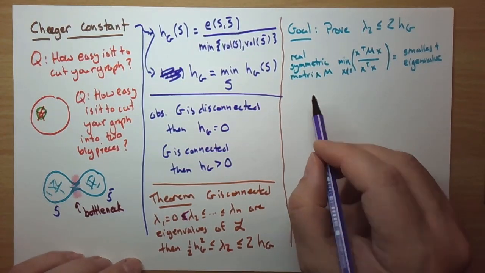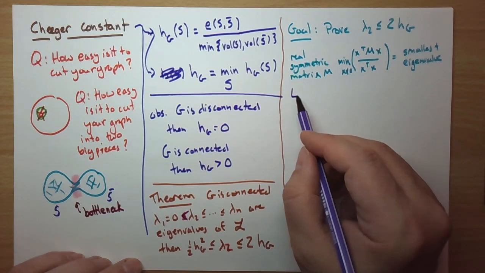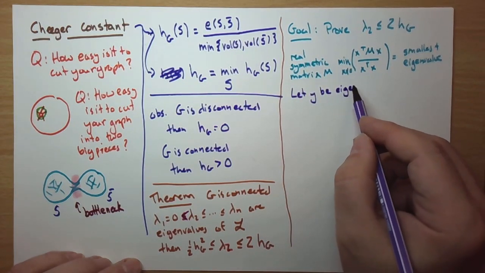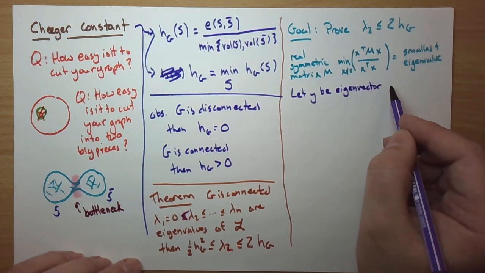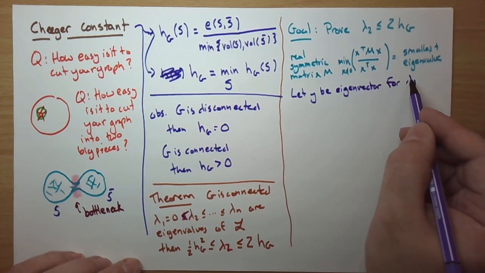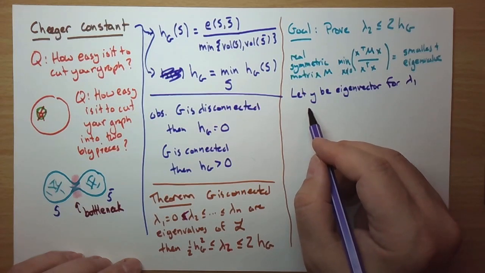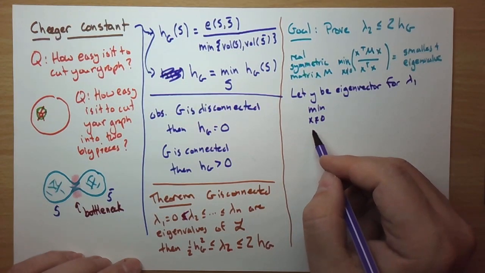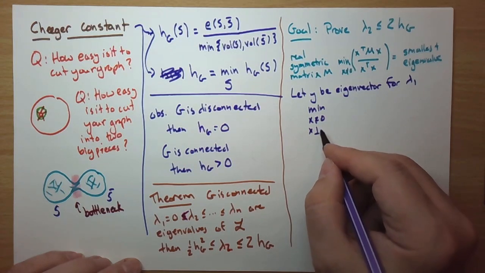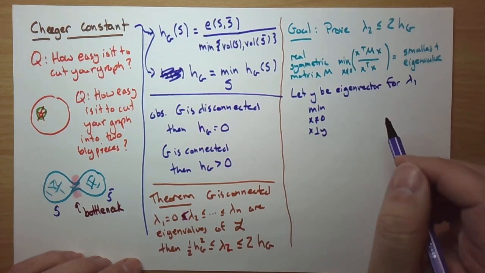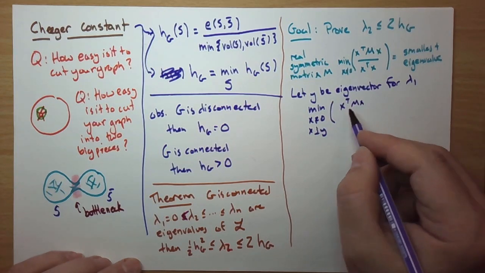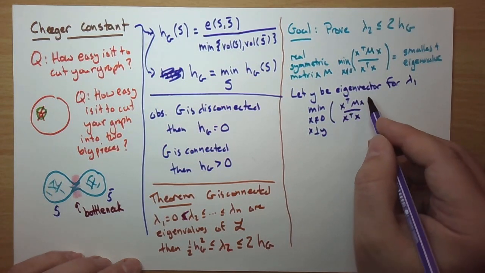So what we're going to do is we'll let y be the eigenvector, we'll call it for lambda 1. Then we'll take the min over all x non-zero, where x is perpendicular to y, of x transposed Mx over x transposed x.